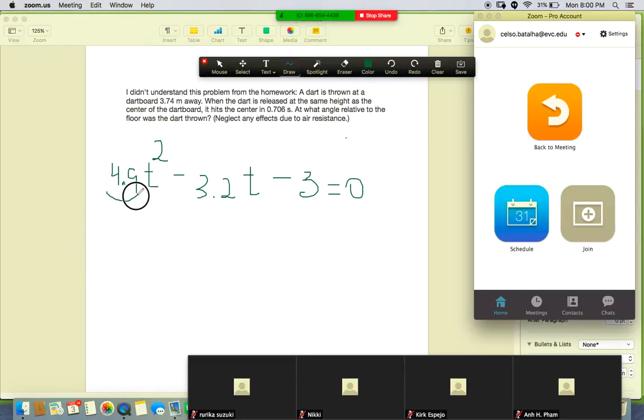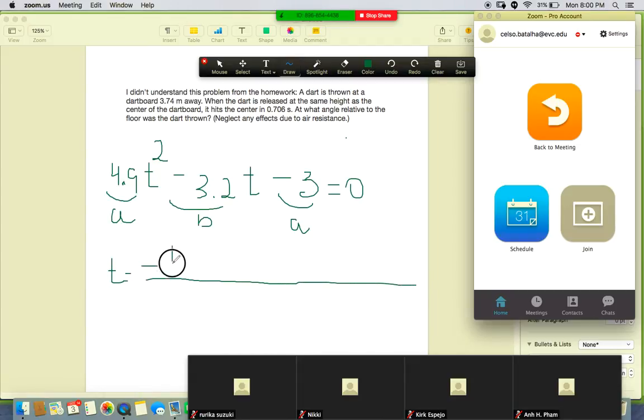This is your coefficient A, here's your coefficient B, and here's your coefficient C. So t, the solution, is equal to negative of your B coefficient plus or minus, that's the standard solution, plus or minus the square root of B squared minus 4 times the coefficient A times the coefficient C, divided by 2 times A.